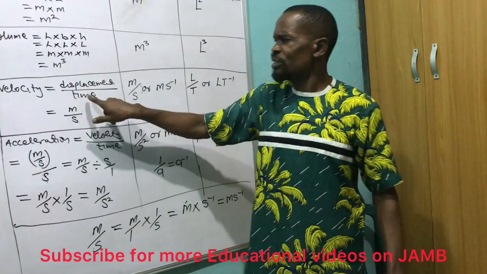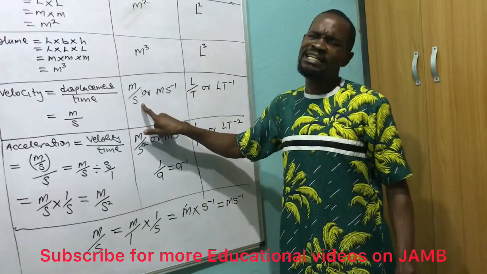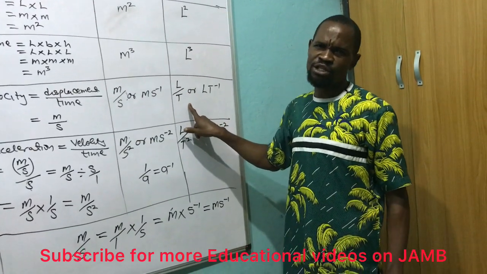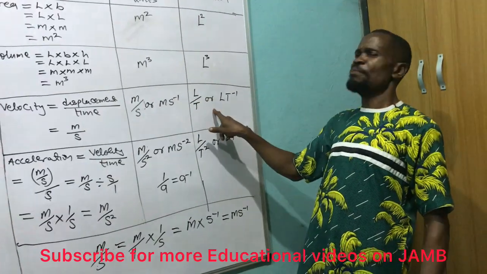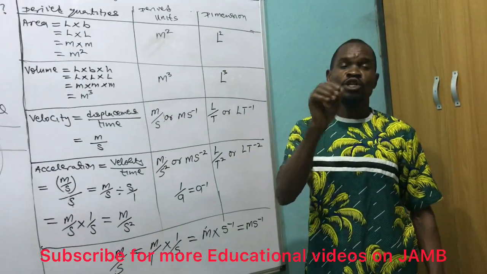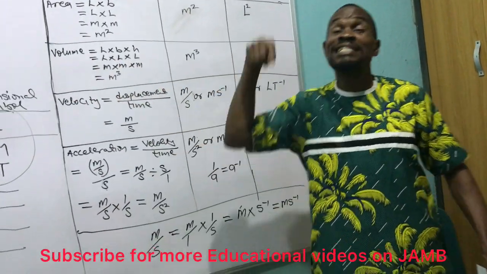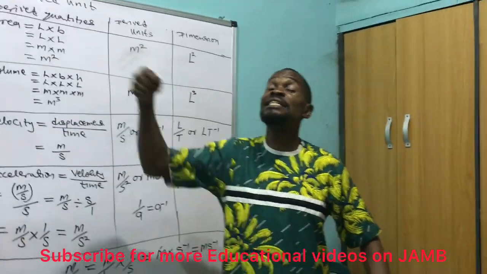So I will first define a quantity before I can get its unit, and from its unit, I get the dimension. What am I saying actually? From the definition, we get the unit of a quantity, and from the unit, we get the dimension. So I can't get a dimension of a quantity without getting its unit, and I can't get its unit without getting its definition.